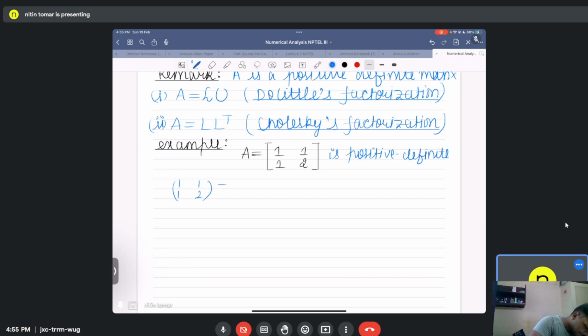It will be L11, 0, L21, L22. Am I correct? Is it correct?